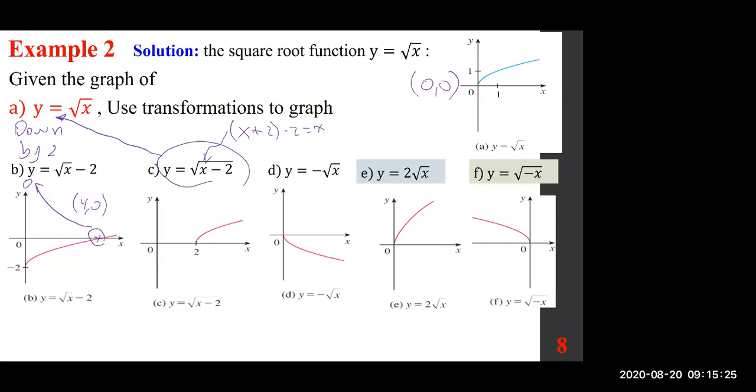For the sake of argument, the domain has changed from 0 to infinity now to negative infinity to 0. So for example, if you choose x to be negative 1, then y becomes positive. All right, so we have that.